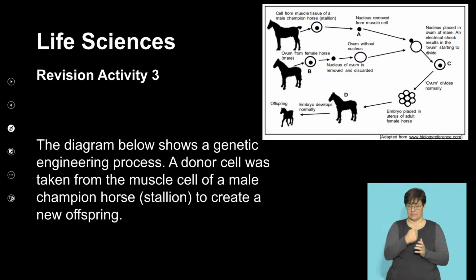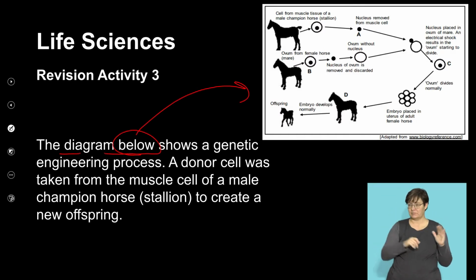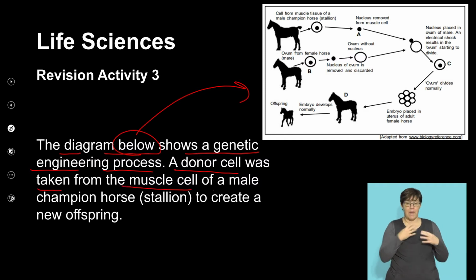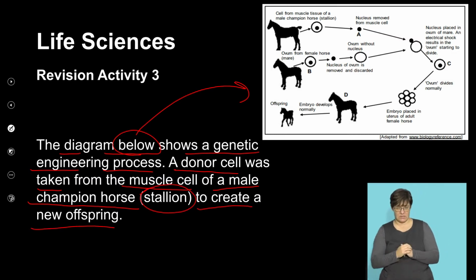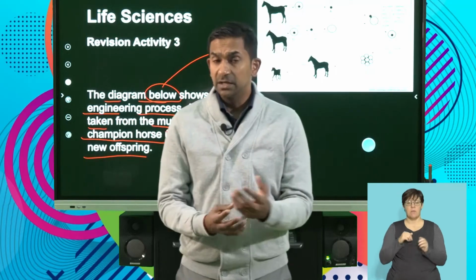So the question reads, the diagram below, which I've indicated up here, shows a genetic engineering process. A donor cell was taken from the muscle cell of a male champion horse, a stallion, to create a new offspring. Guys, this is a technique that is being used in breeding racehorses.